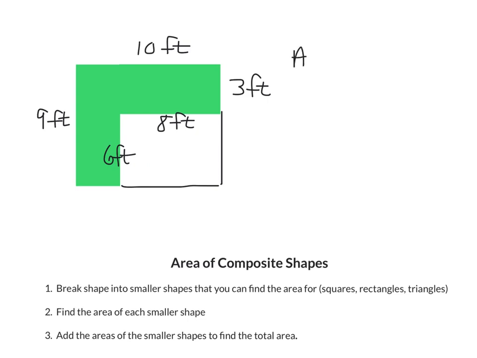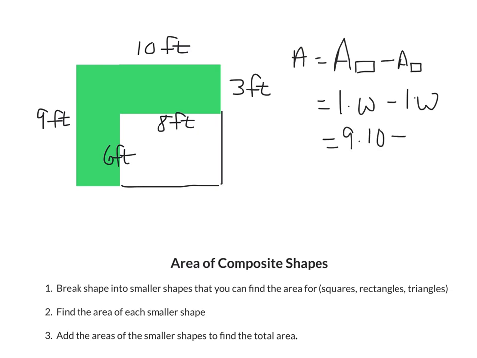So we have area is going to now be the area of the big rectangle minus the area of the small rectangle. And for both, we know the area formula is length times width. I know the area of the big rectangle is going to be 9 times 10, minus the area of the smaller rectangle, which is 6 by 8.